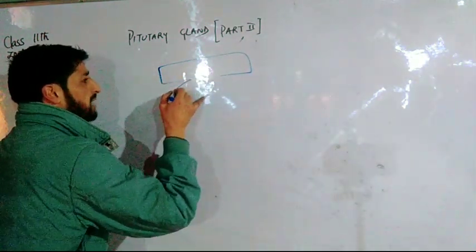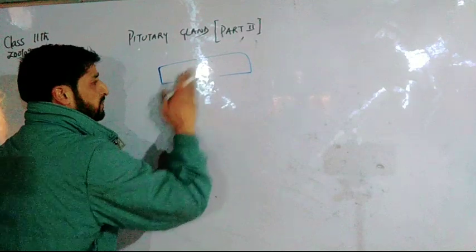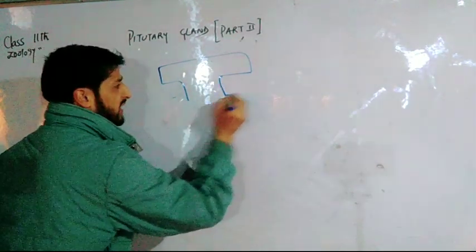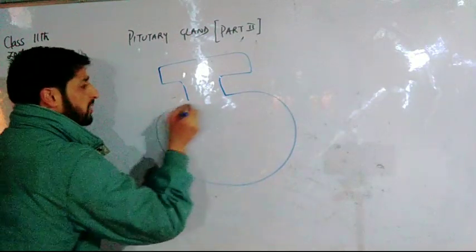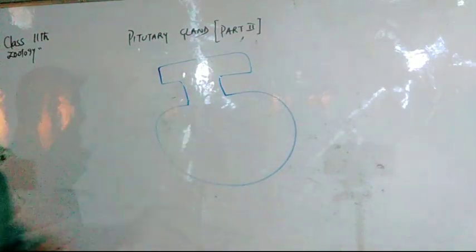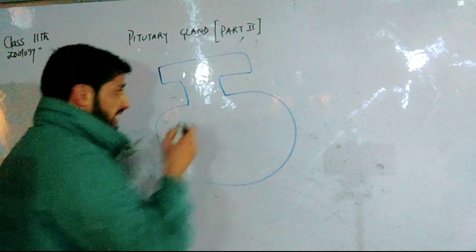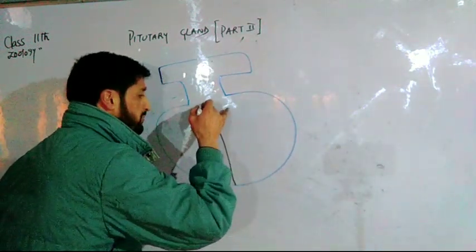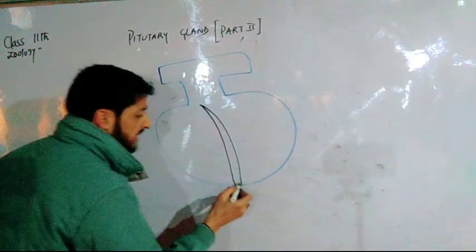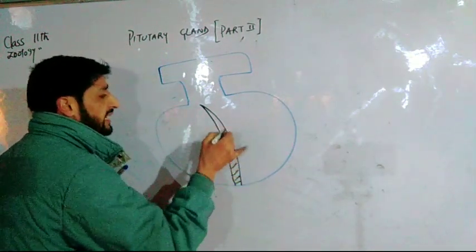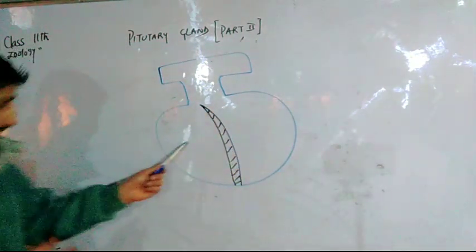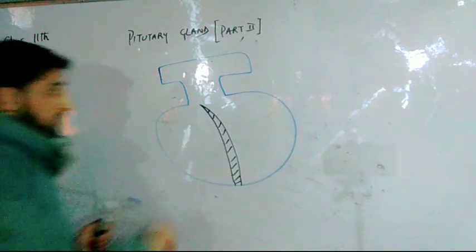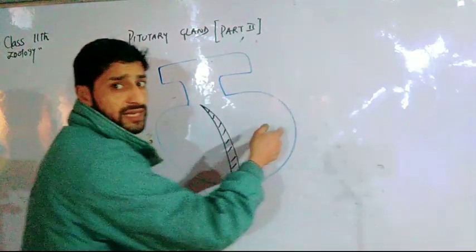Attached to the hypothalamus is a stalk-like structure called the infundibulum. Attached to the infundibulum is the pituitary gland. This pituitary gland is divisible into two parts, the anterior lobe and the posterior lobe. Till now, our main concern was the anterior lobe of the pituitary gland. Now, let us move to the posterior lobe of the pituitary gland.